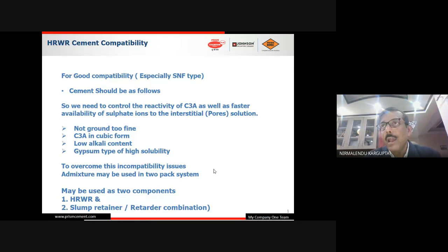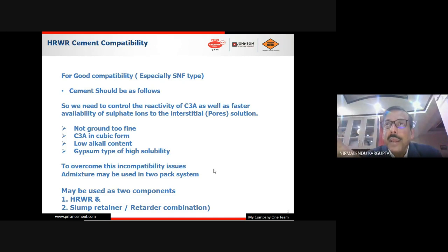In admixture, I will not disclose all the recipes, all the formulations here, because maybe some admixture formulators are also sitting and listening to me. Some companies are also listening. They are putting something into the admixture so that the sulfate dissolution rate will be increased. I'm not taking the name, I know, because I work on that.